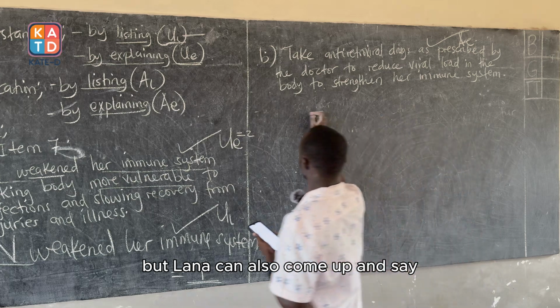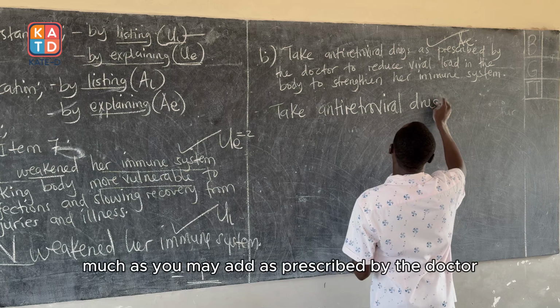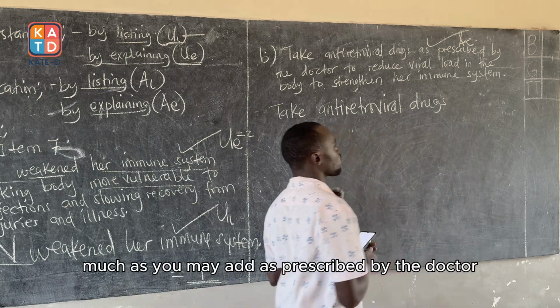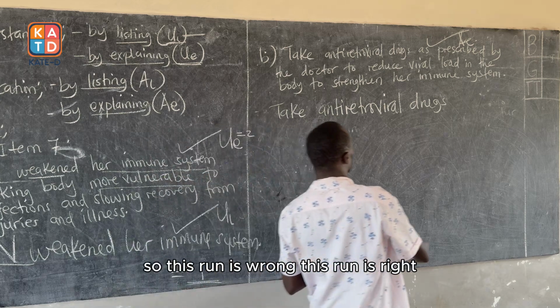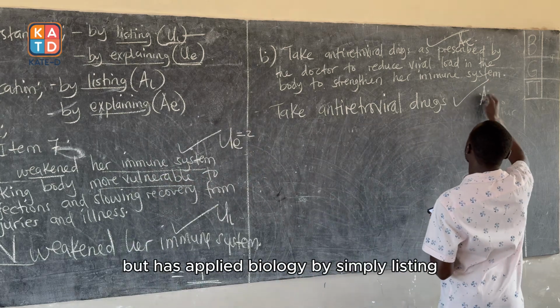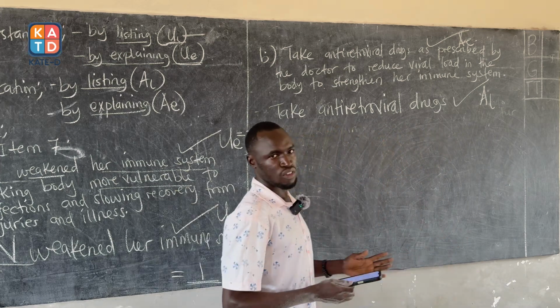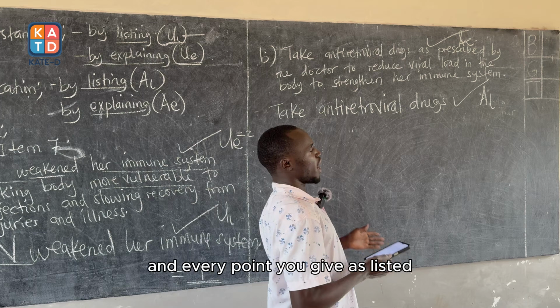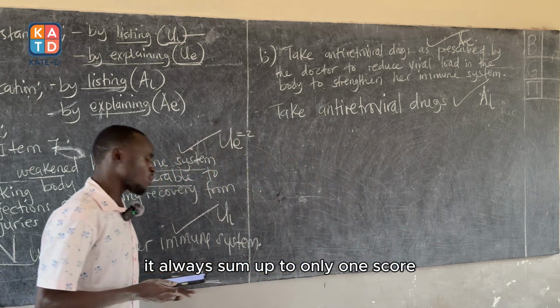But a learner can also come up and say, take antiretroviral drugs, much as you may add as prescribed by the doctor, without saying why this person is taking it. So this learner is not wrong. This learner is right, but has applied biology by simply listing. And I told you, listing is the lowest level that you can be assessed at. And every point you give as listed will always sum up to only one score.